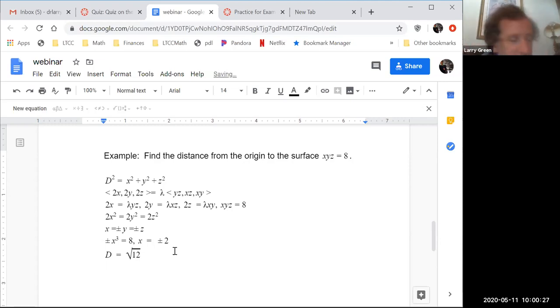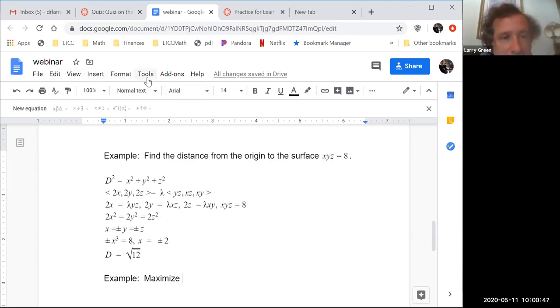Okay, now comes a next extension. So now let's do another example. And that is maximize f of x, y, z is x squared plus y squared plus z squared.